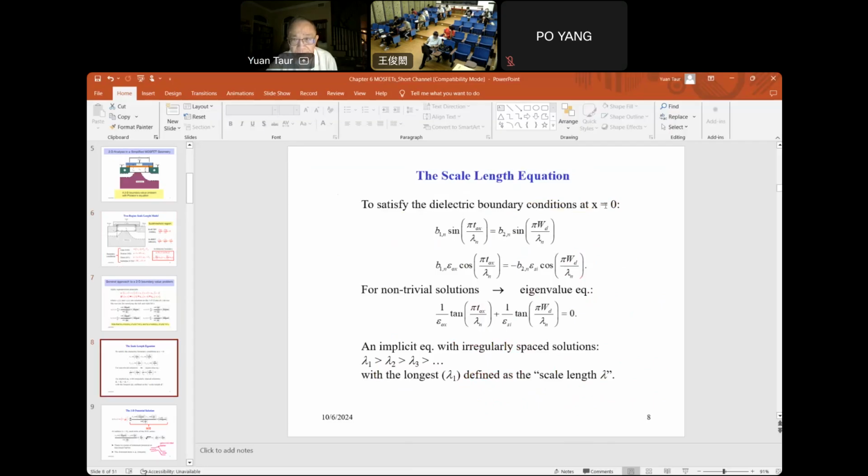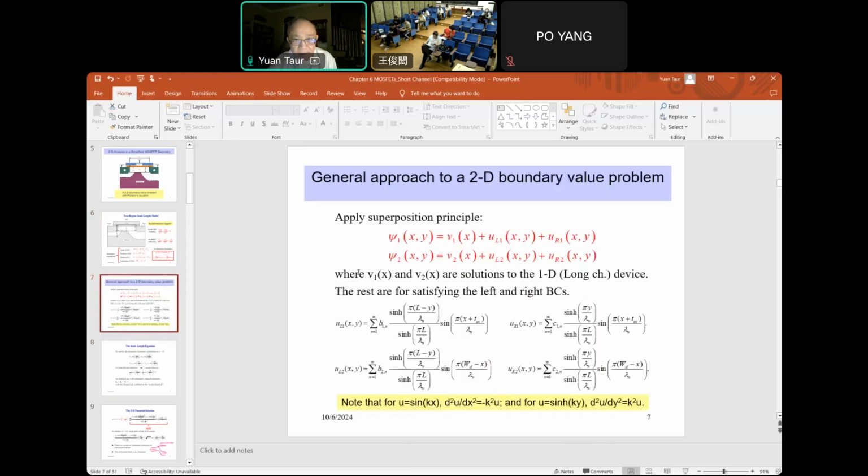So x equal to 0 is the boundary between oxide and silicon. So when x equal to 0, this becomes sine pi tx.